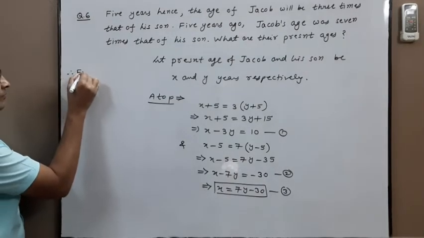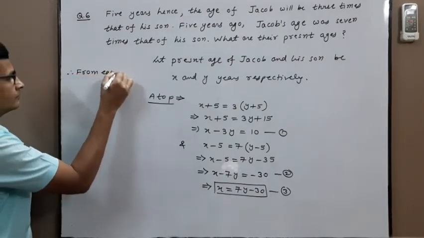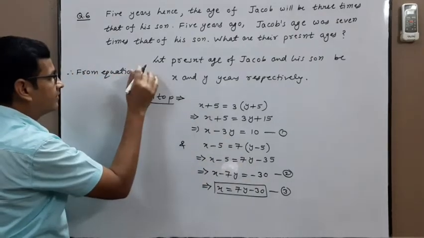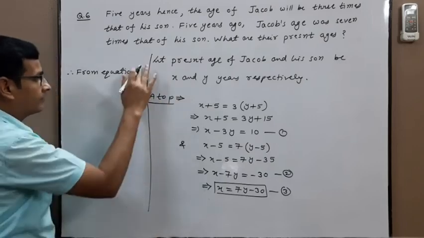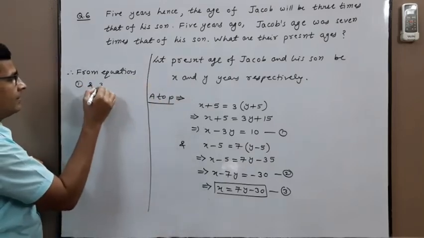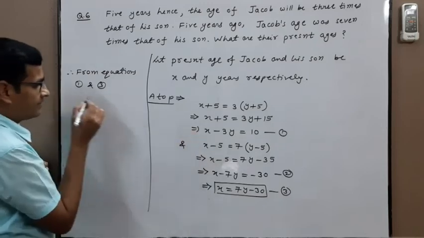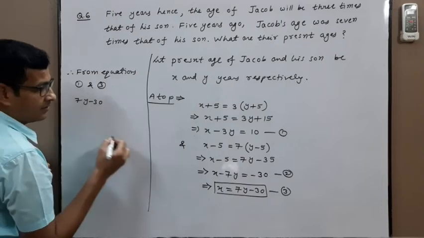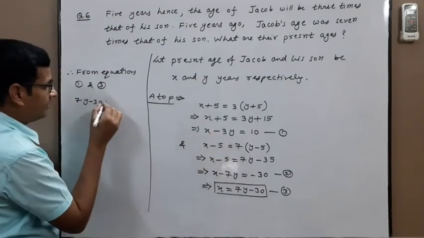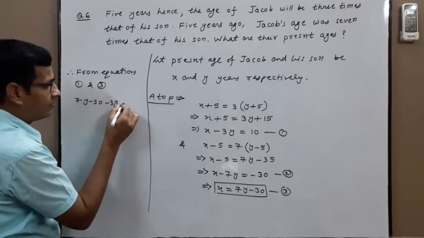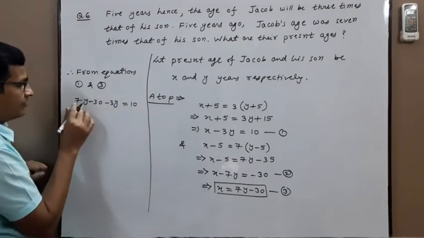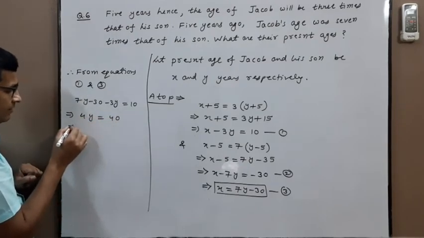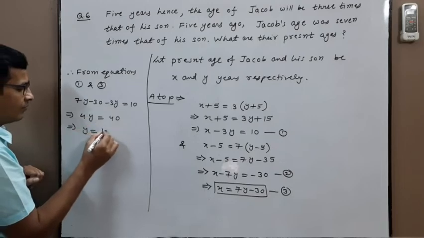So therefore from equations 1 and 3, x means 7y minus 30, minus 3y is equal to 10. 7y minus 3y, 4y is equal to 40. So y is equal to 40 upon 4, 10.